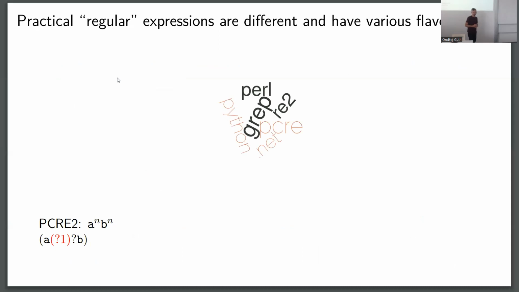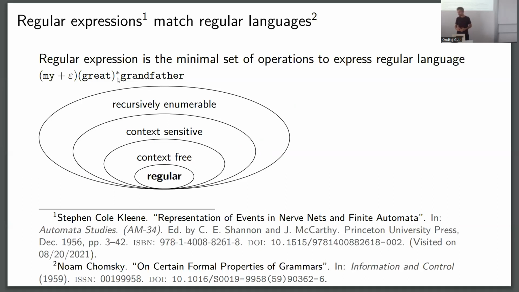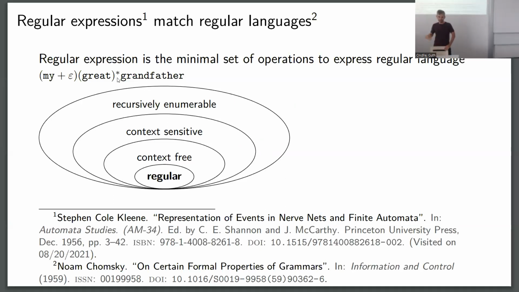But regular expressions seem to be great in pattern matching, and pattern matching is implemented in many tools. In those tools, what we can see is not exactly the same syntax as the classical regular expressions, because in those we can only use concatenation, putting things one after each other, repeating and alternating, and nothing else.